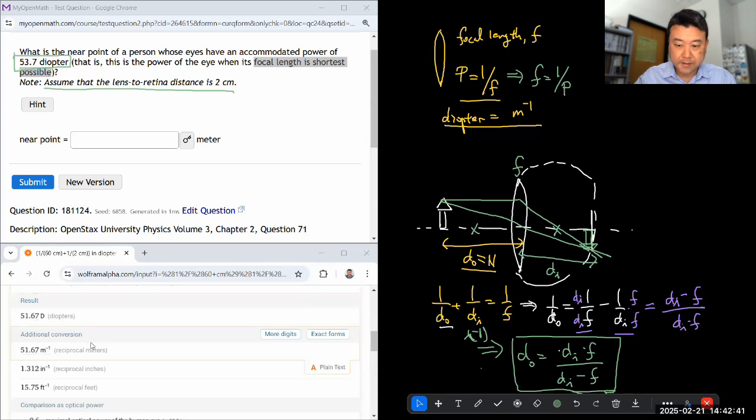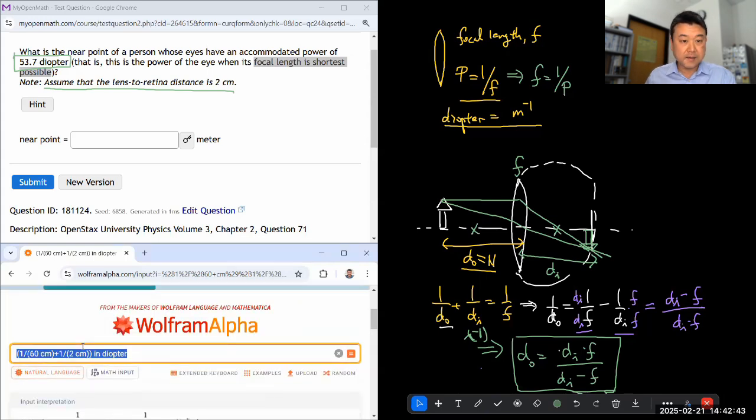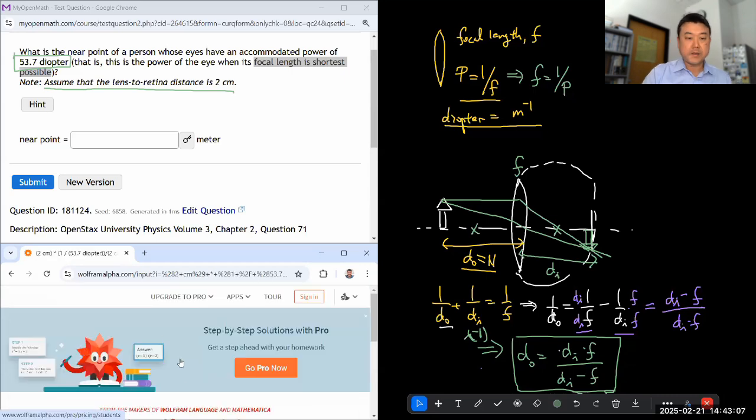Let's calculate that. DI is the 2 centimeters that's been given. For F, let me just do it on the fly: 1 divided by 53.7 diopters gives the focal length. Then divide by DI, 2 centimeters, minus the focal length, 1 over 53.7 diopters. Let's see what we get for DO.